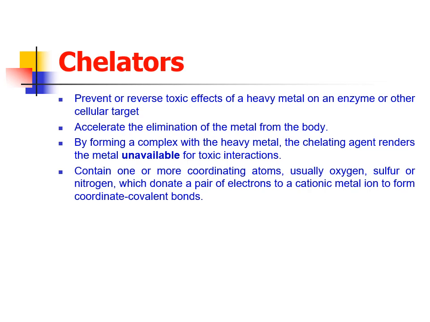They contain one or more coordinating atoms, usually oxygen, sulfur, or nitrogen. They donate a pair of electrons to cationic metal ion to form a coordinate covalent bond. The chelator-metal complexes formed are excreted by the body.